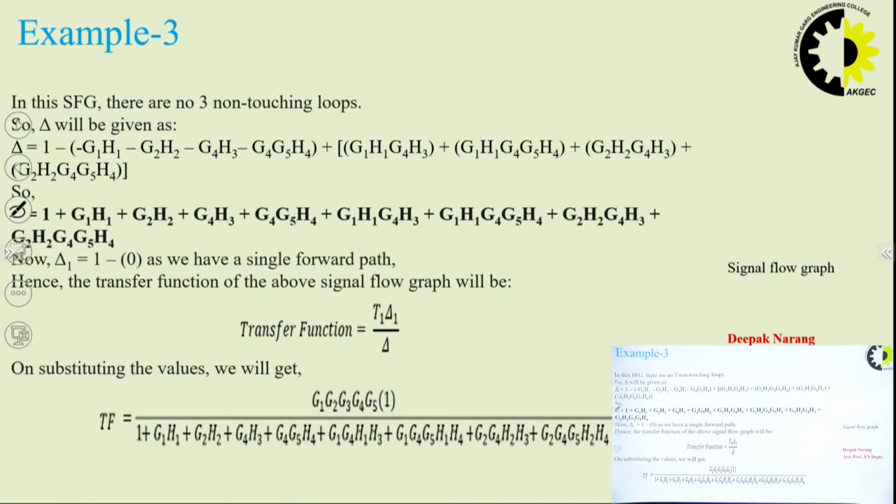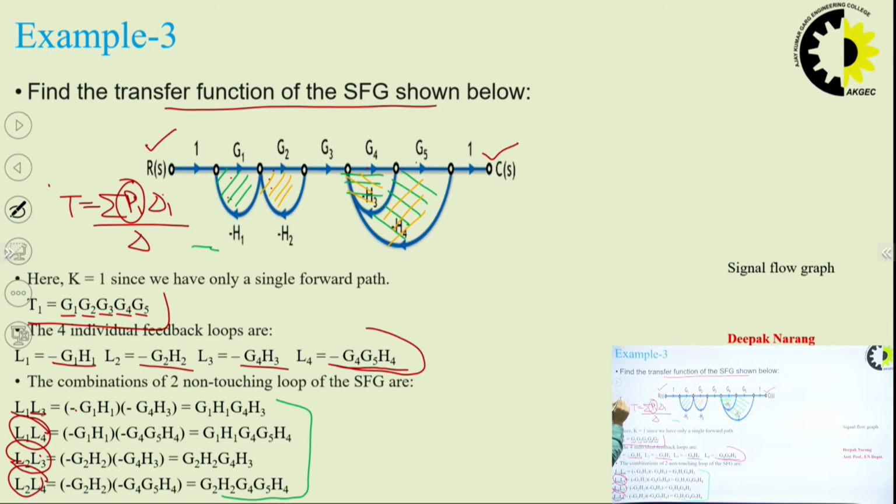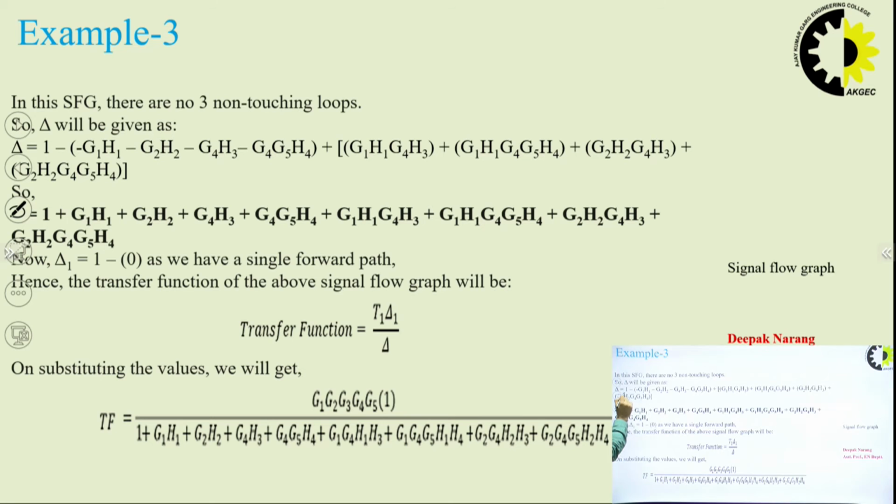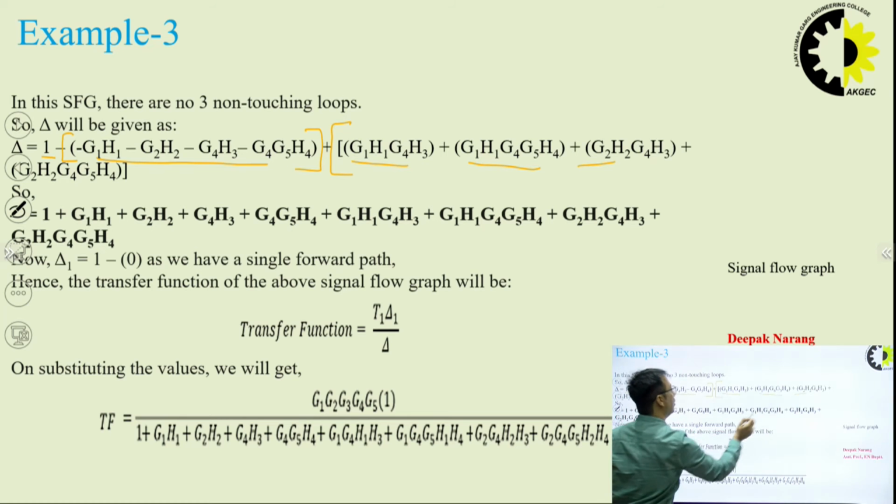So we'll apply the formula. Find the loop determinant, the denominator part of the Mason gain formula, which is 1 minus the sum of individual loop gains plus the sum of product of loop gains which are non-touching in pairs with each other. Next is to find delta i, the numerator part.